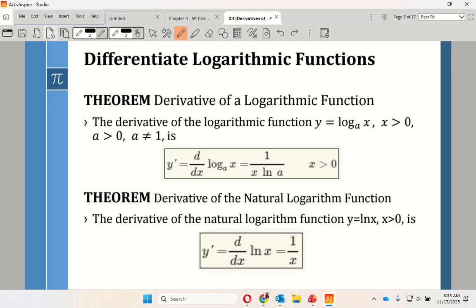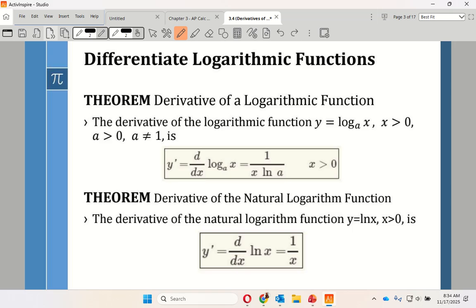So here's the rule here. Derivative of a logarithm function. Now, both of these are actually the same thing. But when you look at ln, isn't ln just log base e? ln is just log base e.